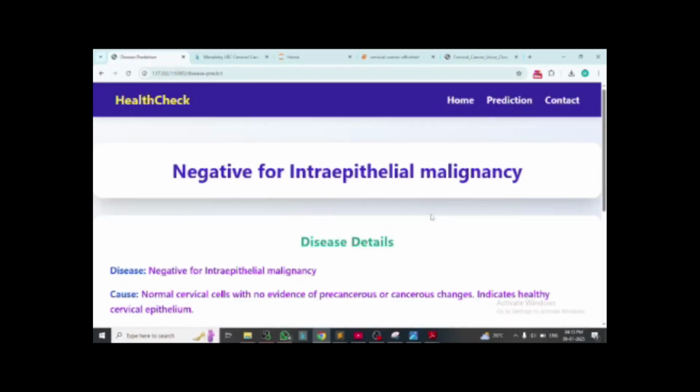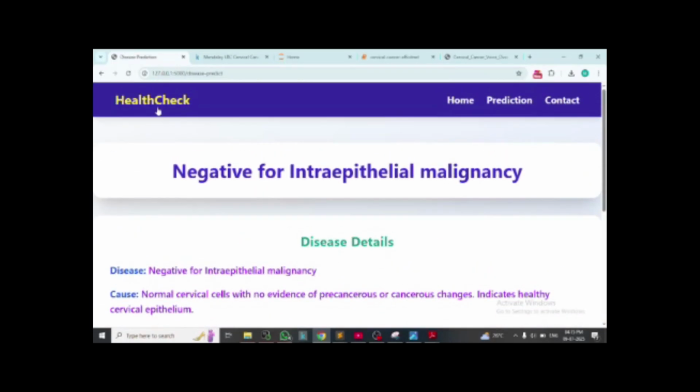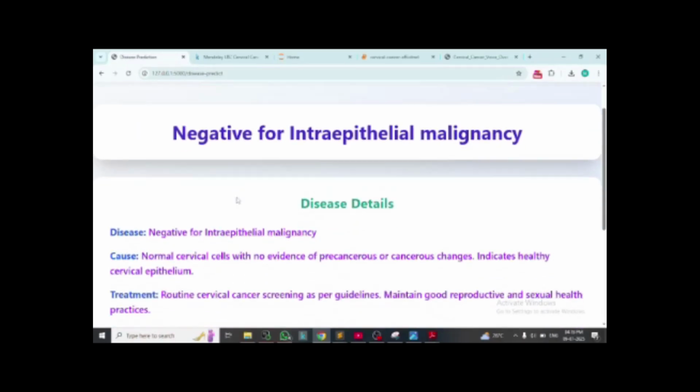We got a disease name. And see how I built the application: health checkup, home, prediction, contact. Name of the disease: negative for intraepithelial malignancy.